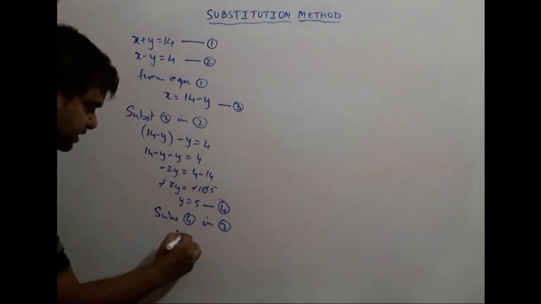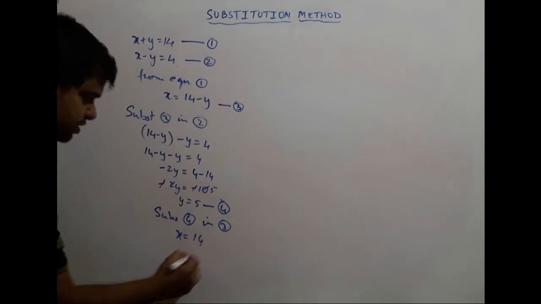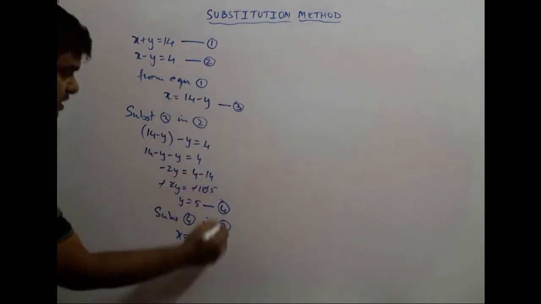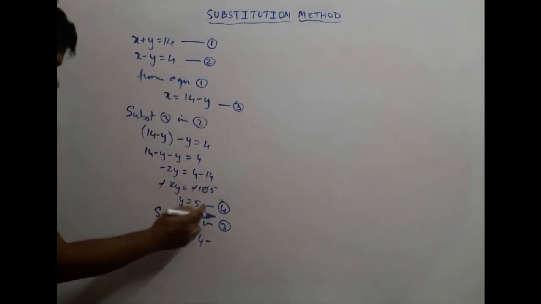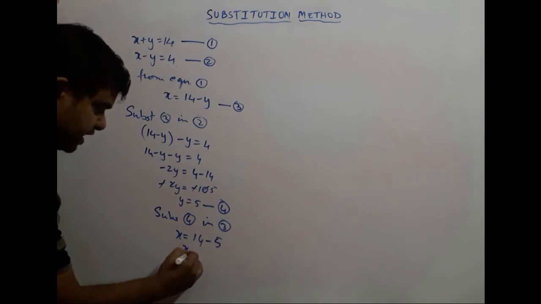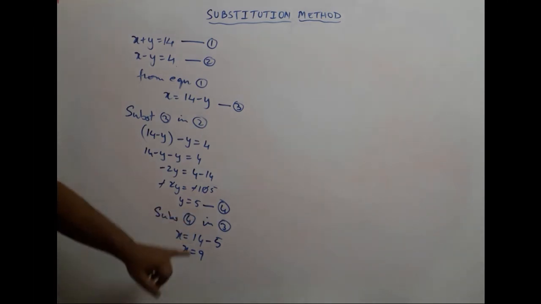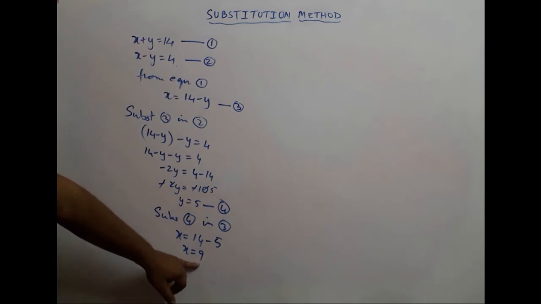We put x equal to 14, and instead of y we put 5. So x we get as 9. 14 minus 5 is 9, and that's how we get our answer. So 5 and 9, got it?